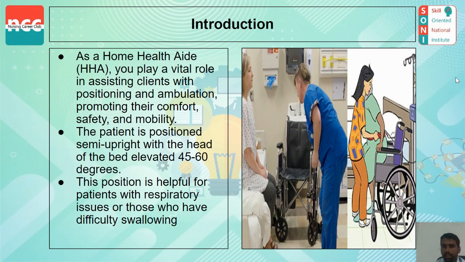This position is helpful for patients with respiratory issues or those who have difficulty swallowing. So this position plays an important role with patients who have problems in the respiratory system and also feel difficulty in swallowing and inhaling air.